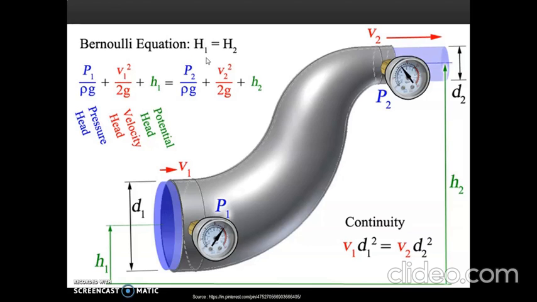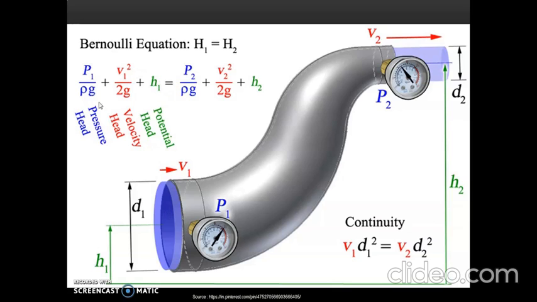H1 is nothing but the total head, which is the sum of pressure head, that is P1 by W. W is nothing but specific weight, which is equal to density into acceleration due to gravity. So W is equal to rho into G, plus velocity head. Velocity head is V1 square by 2G, and potential head can be written as either H1 or Z1.